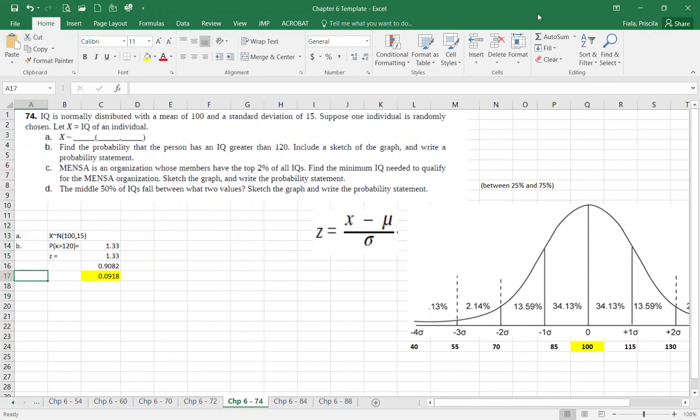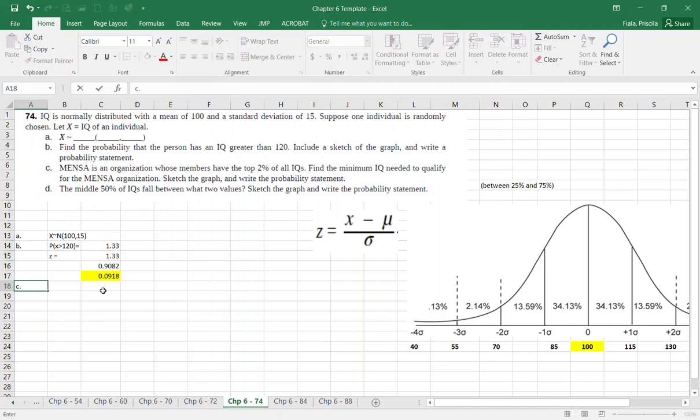The probability that a person has an IQ greater than 120, which you would expect to be a small amount, is actually 9.18%. Or if you don't use the percentage, it would be 0.0918. Remember, if the 9 is right next to the period, that's 90%.